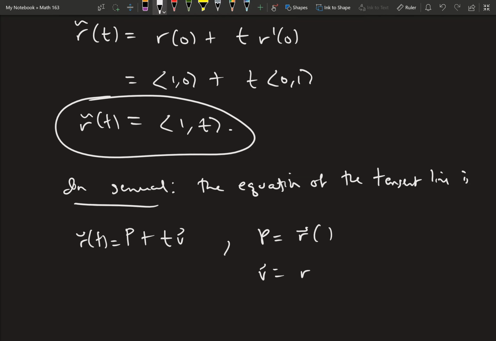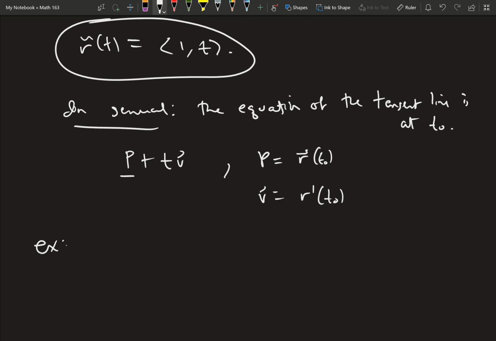It could be at whatever point, r of t0, and this is r prime of t0. I'll just write it as p plus tv, so the notation is not confusing. So start at your base point, which is r of t0. Tangent line at t0 is the following: p plus tv.